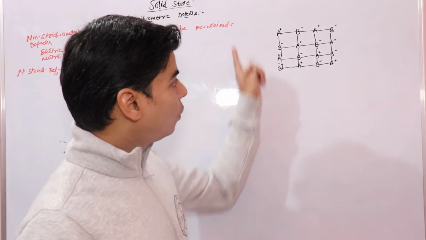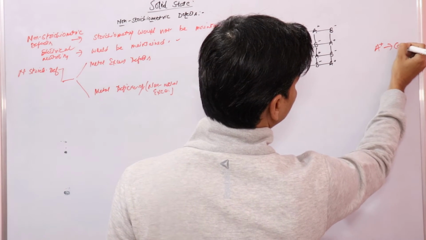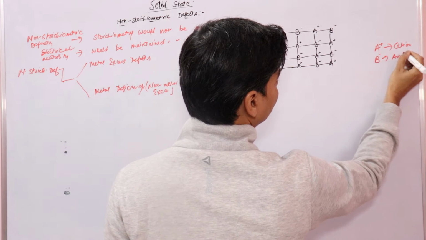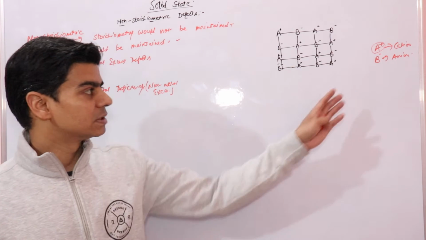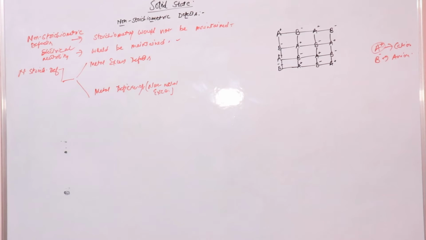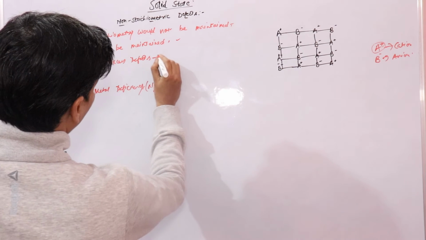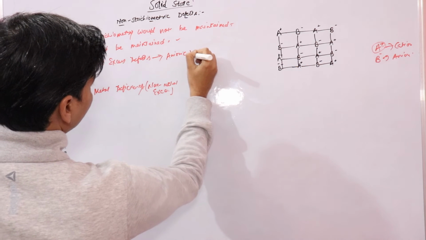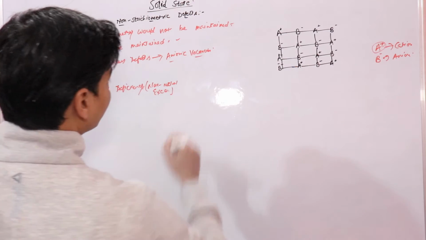So let's talk about the first type of defect, which is your metal excess defects. Let's see how metal ions, that is positive ions, this A plus is your cation in this lattice structure, and B is your anion. Now we'll see how these positive ions, cations, become excess. In these types of defects, metal excess defects, we have anionic deficiencies, anionic vacancies.